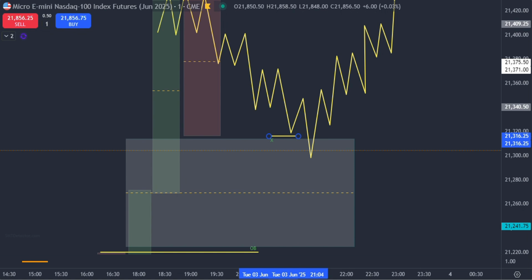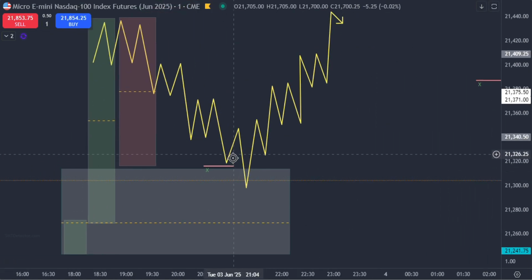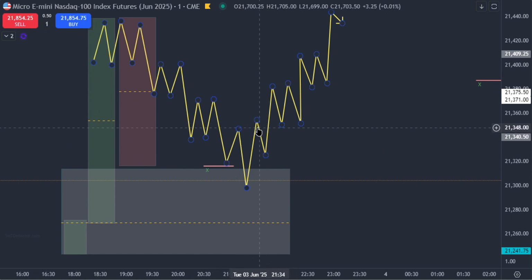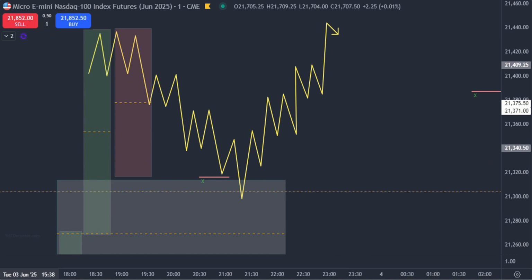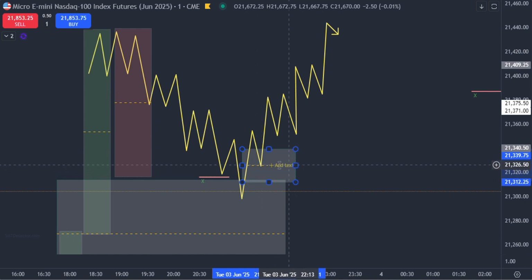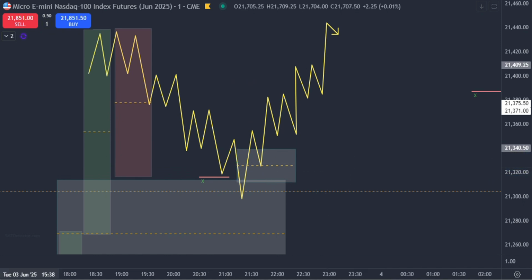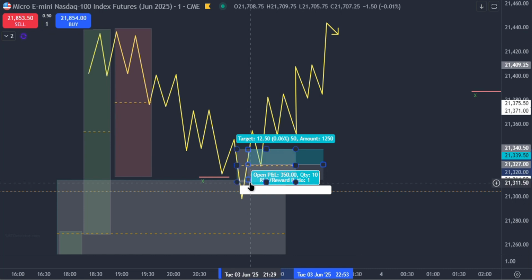and then you'll see a market structure shift, or CSD. Then you'll look for either a fair value gap, order block, or a breaker entry, or inverse fair value gap entry. So now you know your entries here.